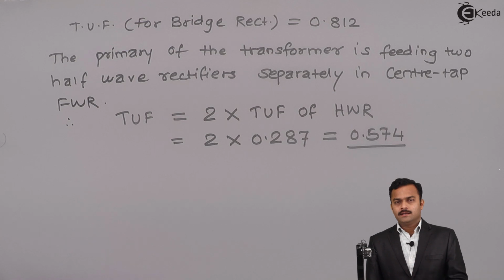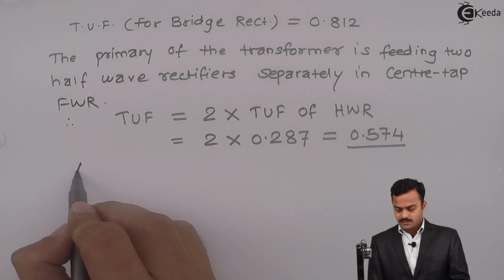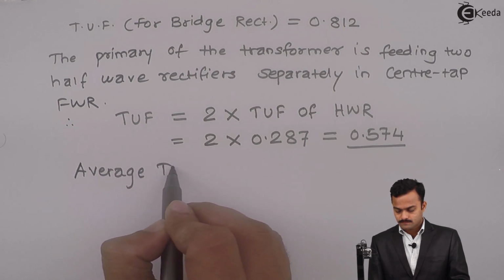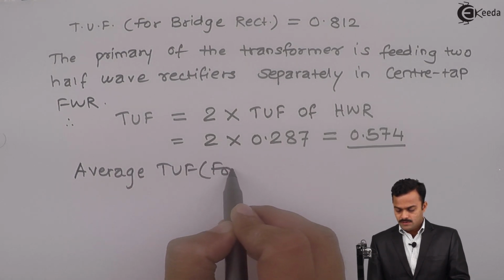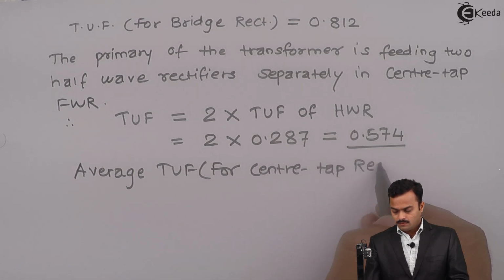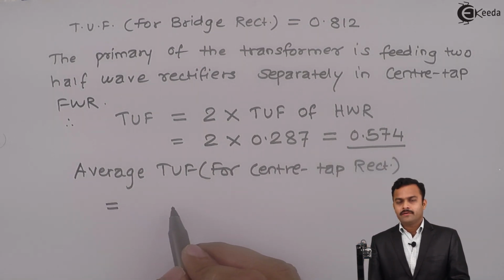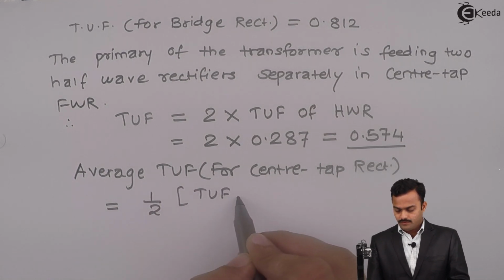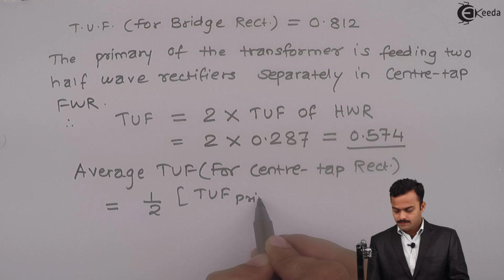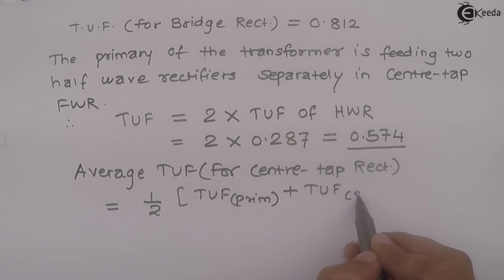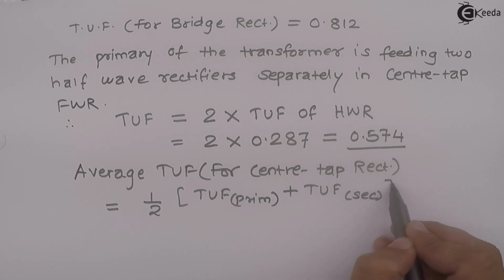Now, here to get an average utilization factor of a transformer for center tap rectifier, we need to take an average of TUF because of primary side and TUF because of secondary side.